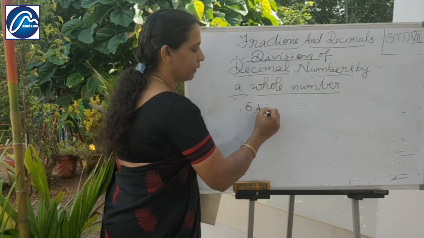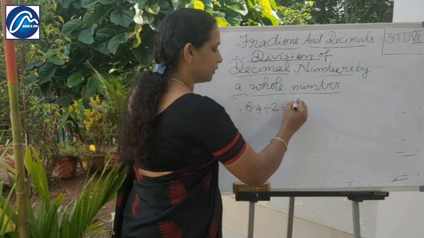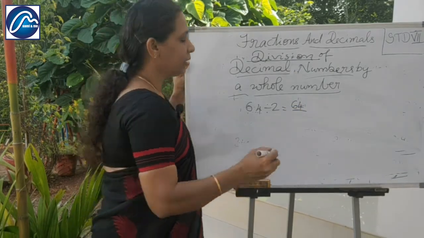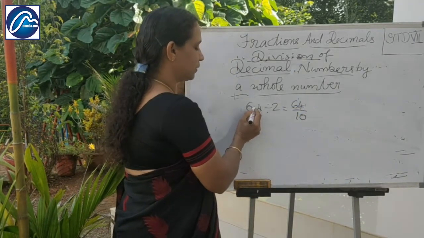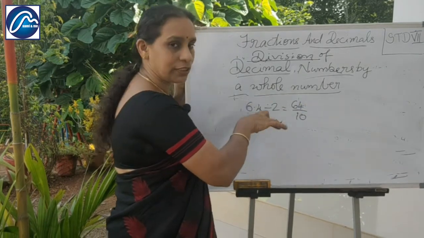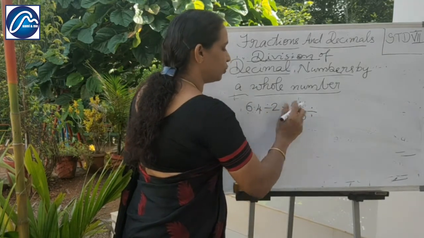6.4 divided by 2. As we did in the earlier sums, we can write it as 64 by 10. Why? Because in 6.4 one place is there. So we will write 64 divided by 10 and divided by 2.